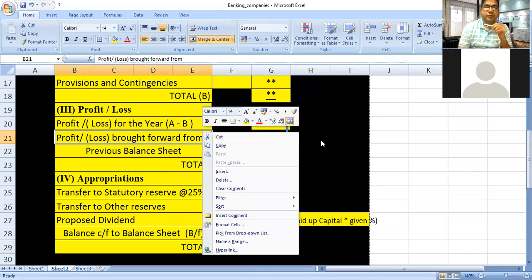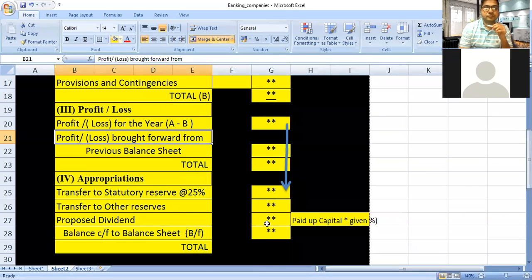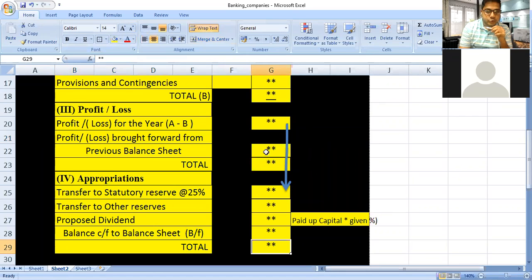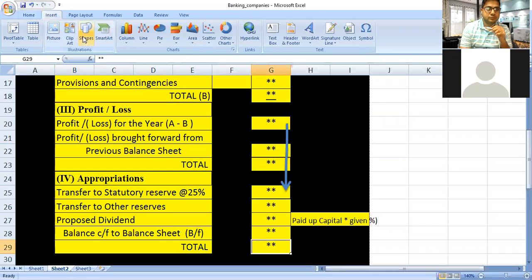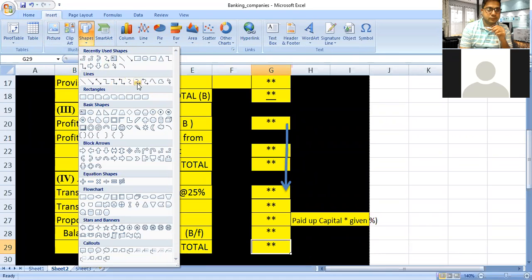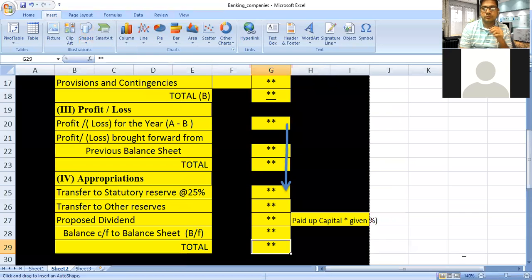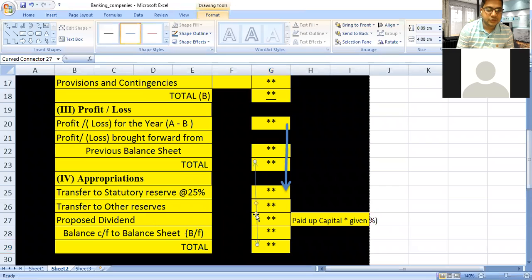Now, friends, one thing you have to keep in mind: the profit and loss total and the appropriation total are always equal.